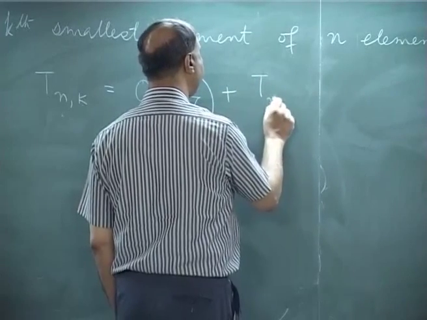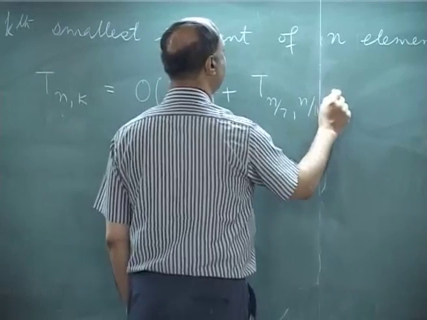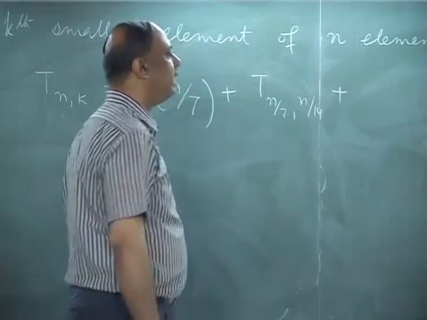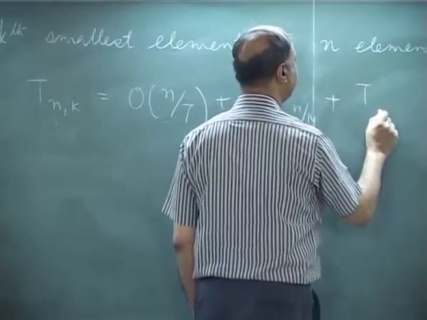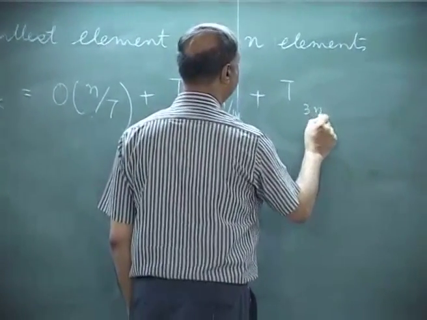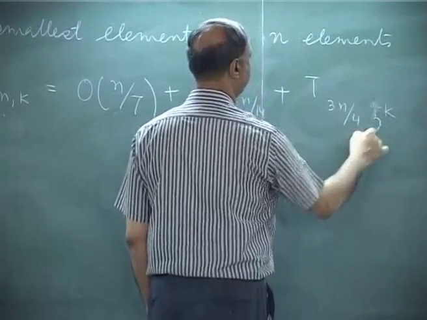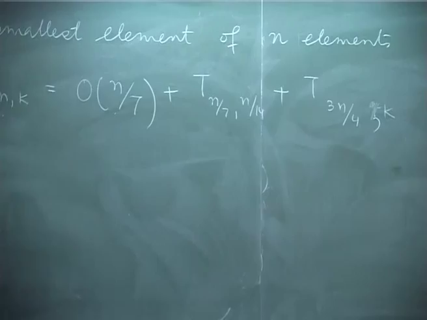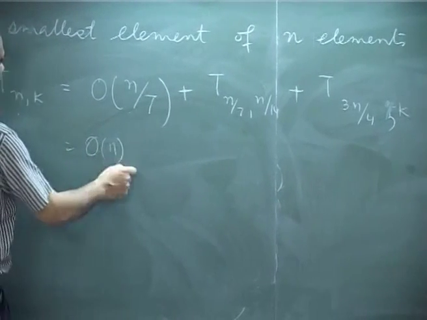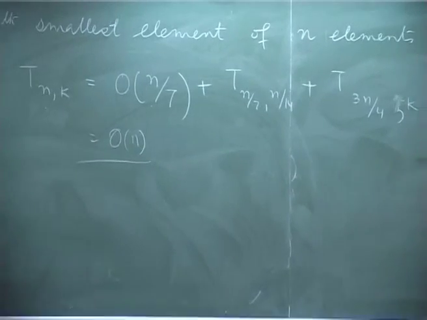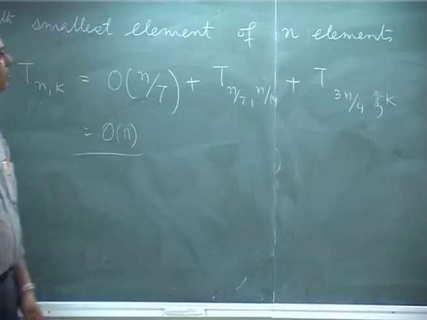So basically you have T(n by 7, n by 14), and after that you will be discarding 25%, so the size becomes T(3n by 4, k). And the solution of this is order n. I am not discussing how to solve it because it is a two-dimensional recurrence relation which I don't want to discuss in this class.